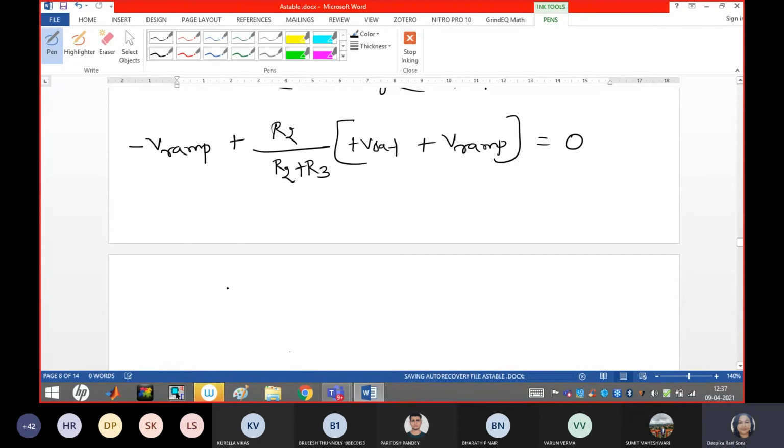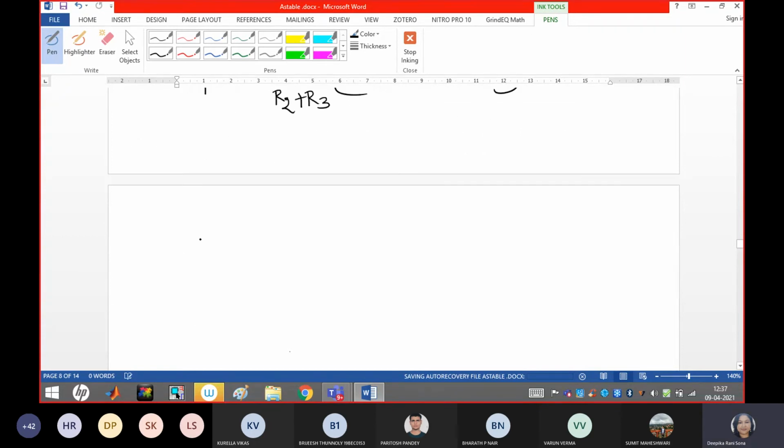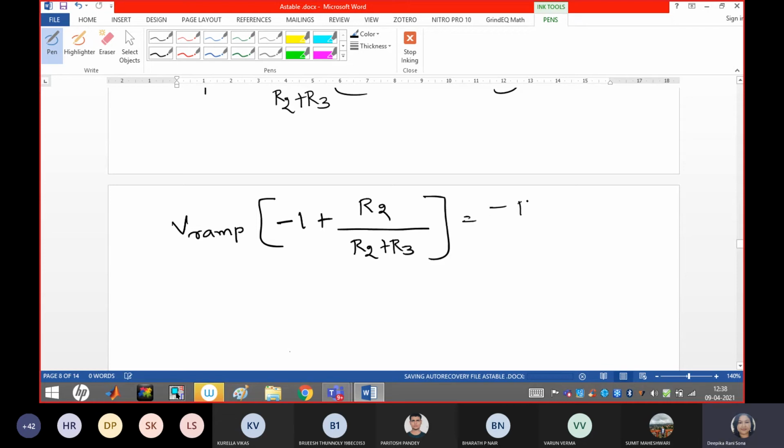After this point, if you solve this part, guys, let's take VRAM as common. You tell me whether I am missing a sign or not, because you guys are not answering. So VRAM whole into minus of 1 plus R2 whole divided by R2 plus R3, which is equal to minus of R2 Vset whole divided by R2 plus R3.